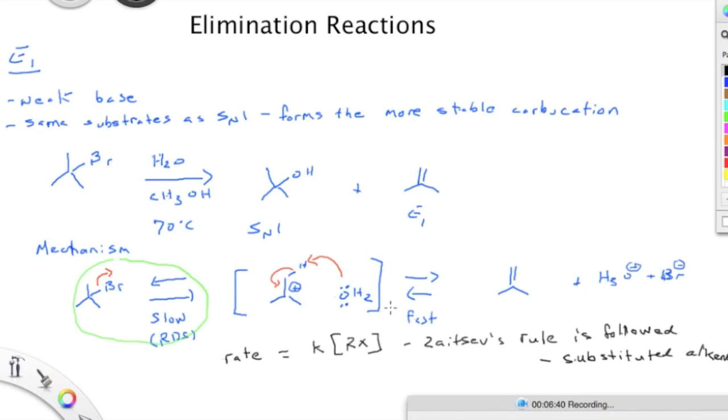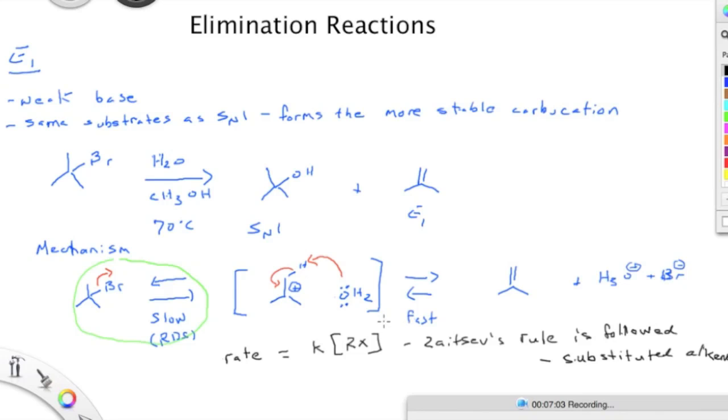So that is essentially the end of the elimination reactions. Now what you should consider is that things that favor SN2 reactions also favor E2 reactions. You need a stronger base or nucleophile for those. Just like for E2, you need the stronger base, i.e. a stronger nucleophile. Remember, nucleophilicity roughly follows basicity.